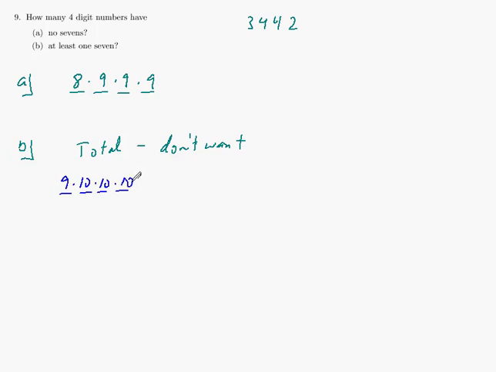In other words, how many 4-digit numbers are there? Now what we don't want is all the 4-digit numbers that have 0 7s. Because at least 1 7 is equivalent to saying 1, 2, 3, or 4 7s.